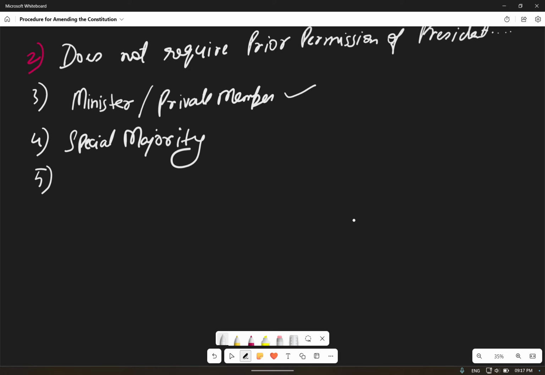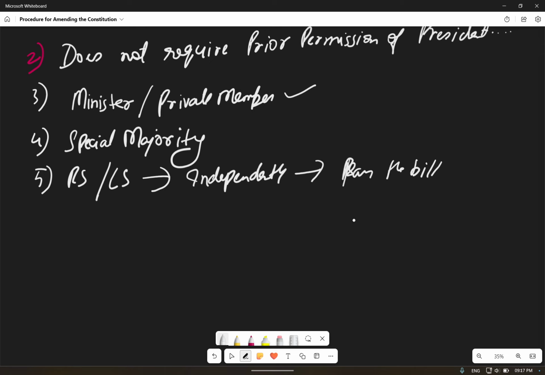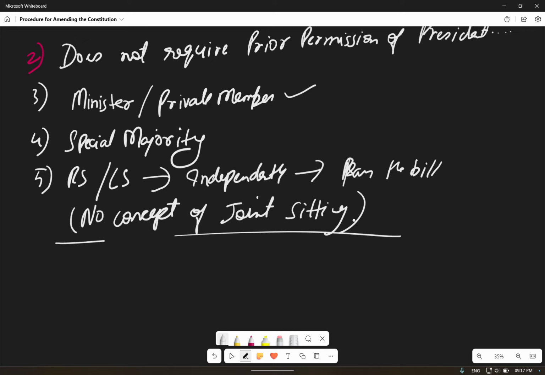Each house, that is Rajya Sabha and Lok Sabha, has to pass the bill independently, and there is no concept of joint sitting at all.